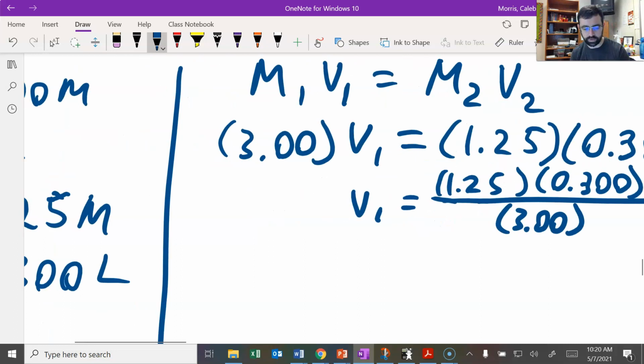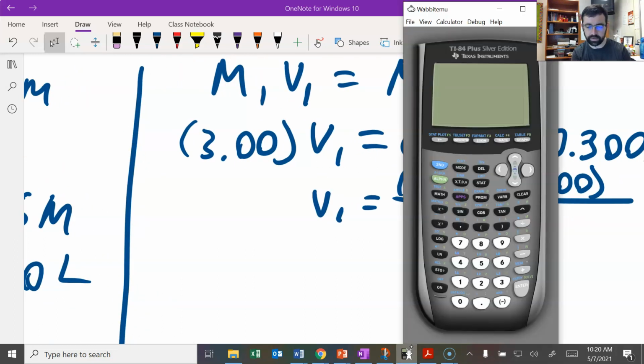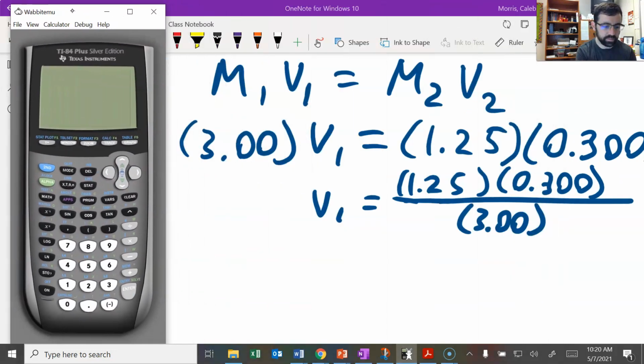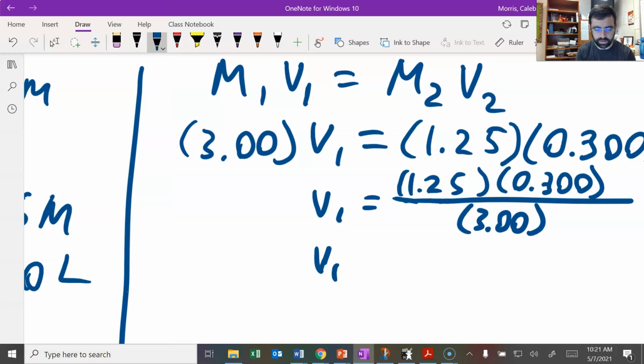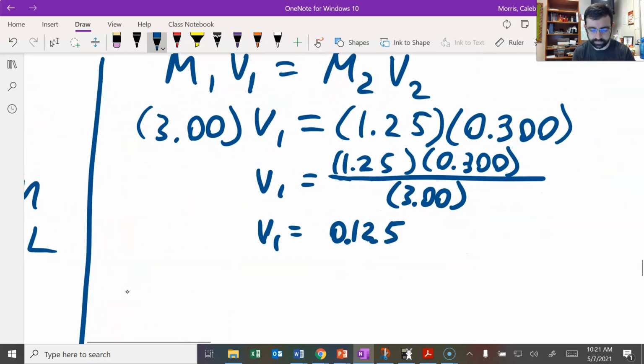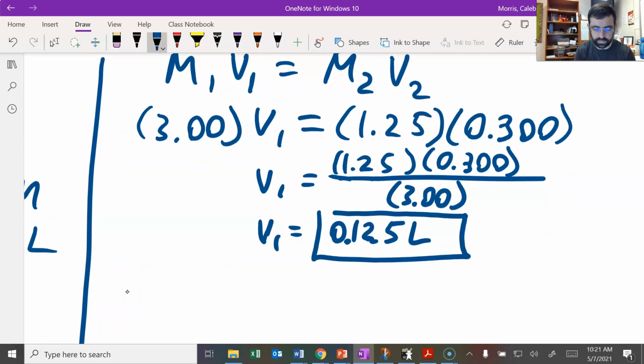We can go ahead and put that in a calculator and solve for it. You may be able to do that in your head, but if not, you do 1.25 times 0.3 divided by 3. You get 0.125. So V1 is 0.125 liters. There's our volume.